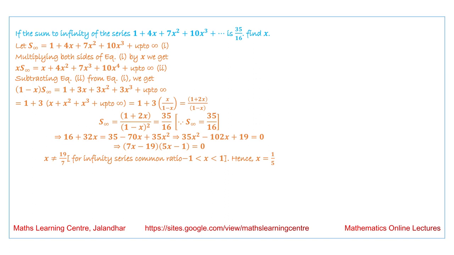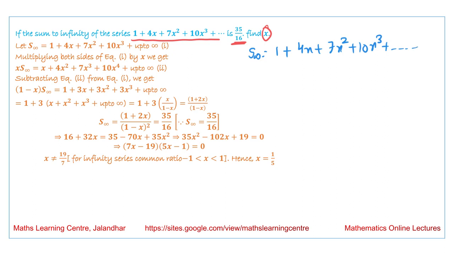Next, if the sum to infinity of this series is 35 by 16, we have to calculate the value of x. So we are saying that S infinity is equal to 1 plus 4x plus 7x square plus 10x cube plus so on.